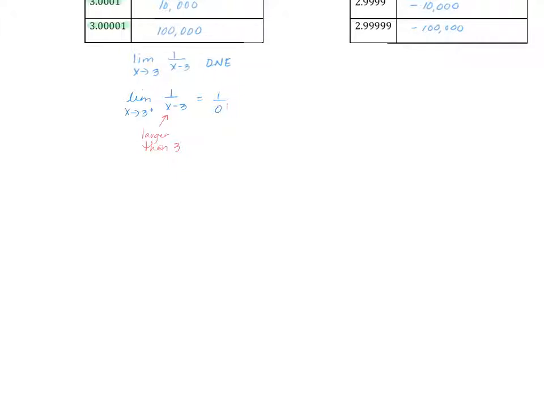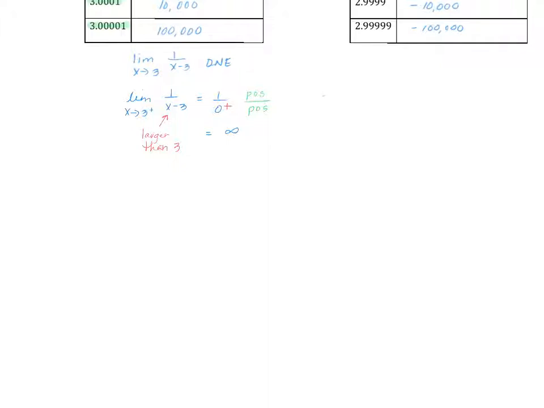So I'm going to put a plus next to this 0 to indicate that my denominator is getting closer and closer to 0, but with positive values. So think about this: we have a fraction, positive over positive. What that tells me is this is going to be equal to a positive infinity.